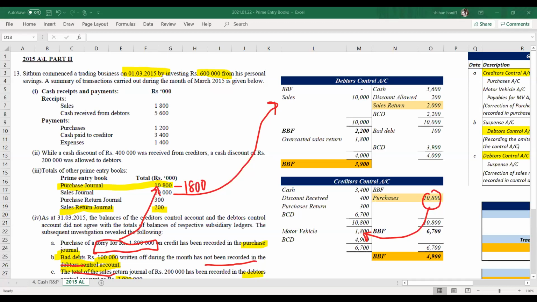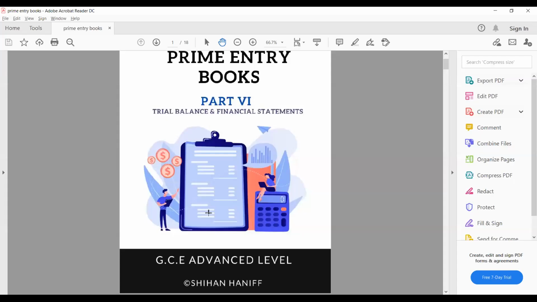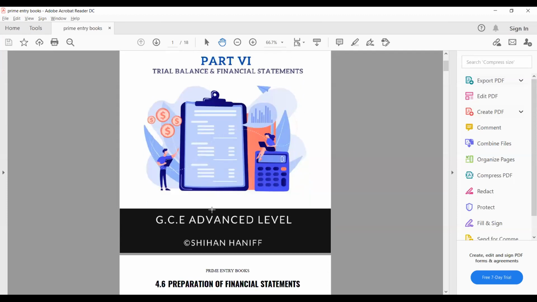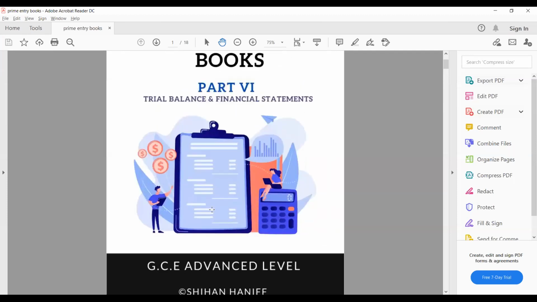Trial balance, part 6. Okay. So we'll do the basics of this as well. Then we will move on to all the other questions in the prime entry books. Okay, so I will explain the concept behind this.